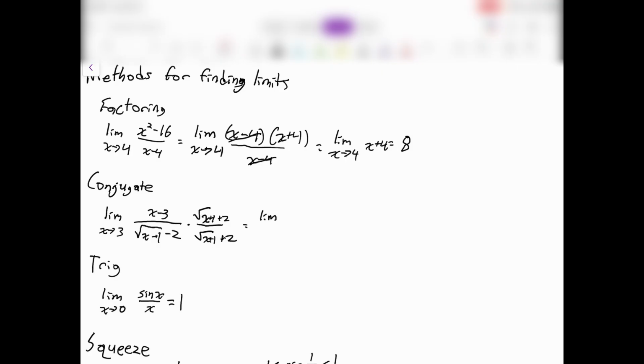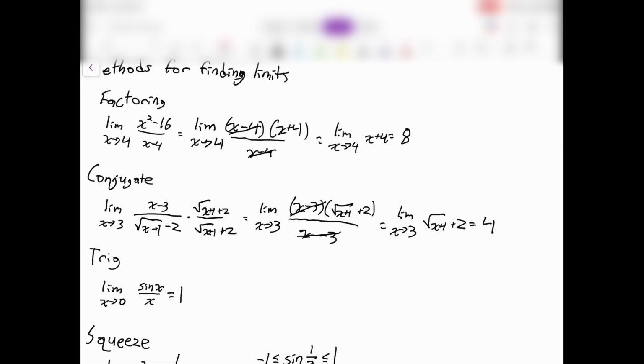So you'd be left with the limit as x approaches 3 of x minus 3 times the square root of x plus 1 plus 2, all over x plus 1 minus 4, so it'd be minus 3. As you can see, these cancel out. Then you're left with the limit as x approaches 3 of the square root of x plus 1 plus 2, which would get you 4.